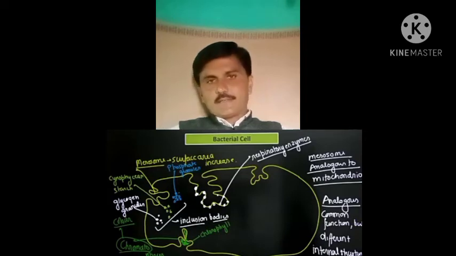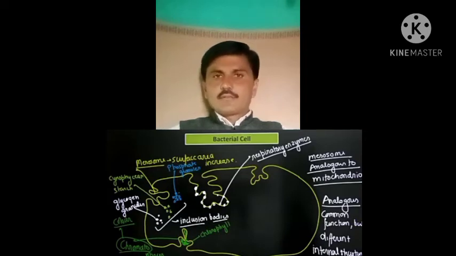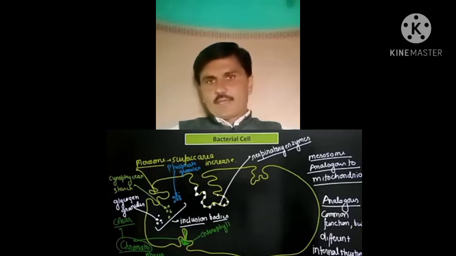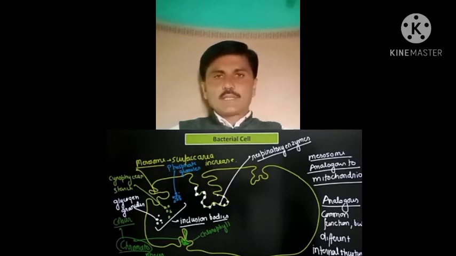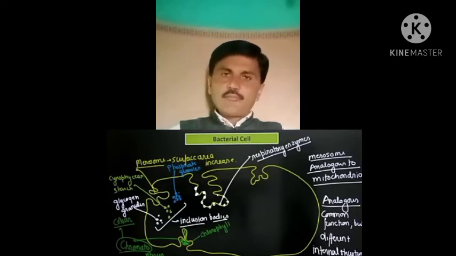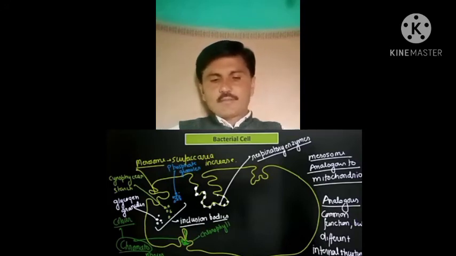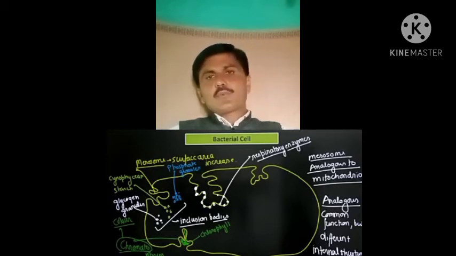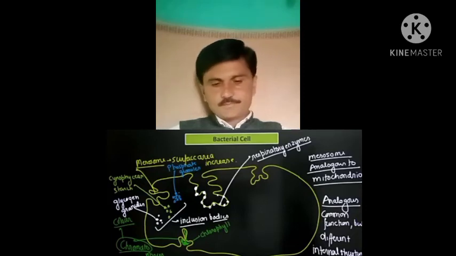In a few bacterial cells, now we have heard about the photosynthetic bacteria. As the name says, photosynthetic means to produce their own food with the help of sunlight or with the help of chlorophyll. But in a few bacteria, in these mesosomes, some chlorophyll pigments are laid in a few foldings.